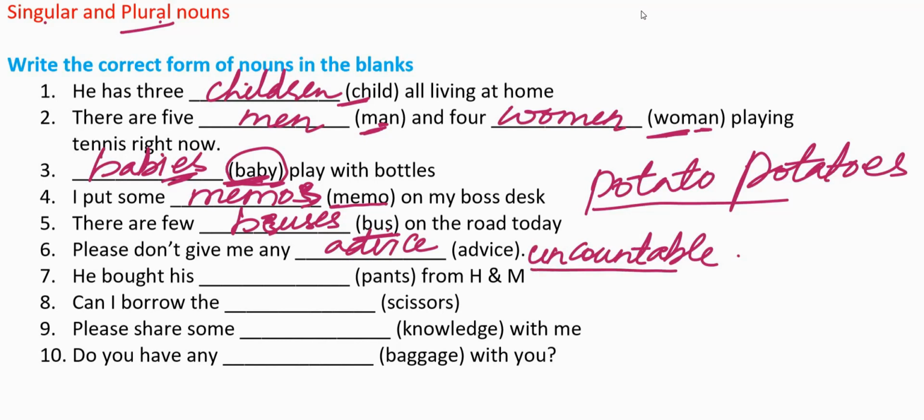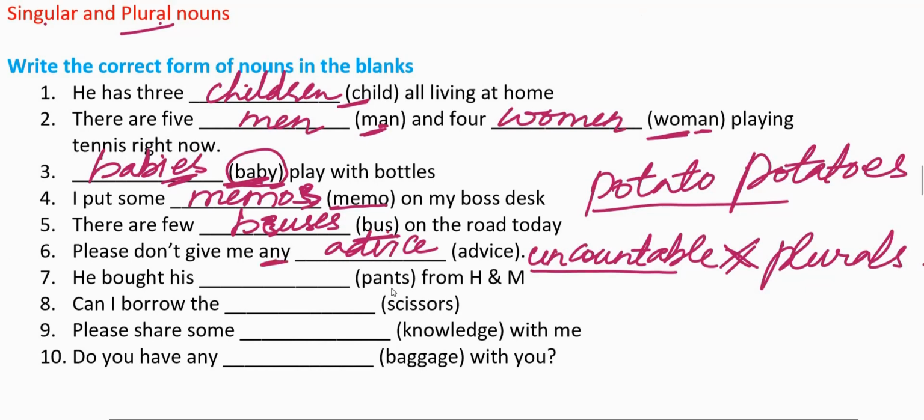Uncountable nouns usually do not have plurals. Like technology, you cannot say technologies. You cannot say furnitures. So these are all uncountable. Furniture, technology, information, these are all uncountable nouns. You cannot write them as plurals because there is no plural form to such uncountable nouns.